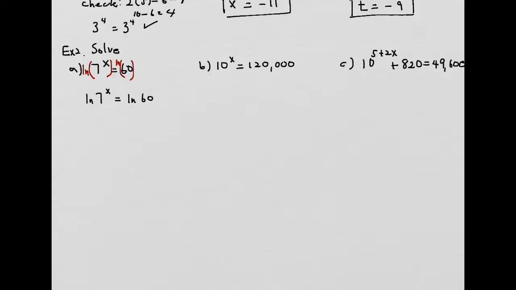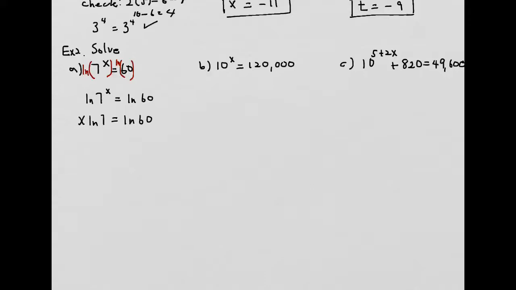You see this power right here, because now this is a logarithmic expression, I should be able to bring it down. I can make this power into a multiplication. So then I can rewrite this as x times natural logarithm of 7 equals natural logarithm of 60.